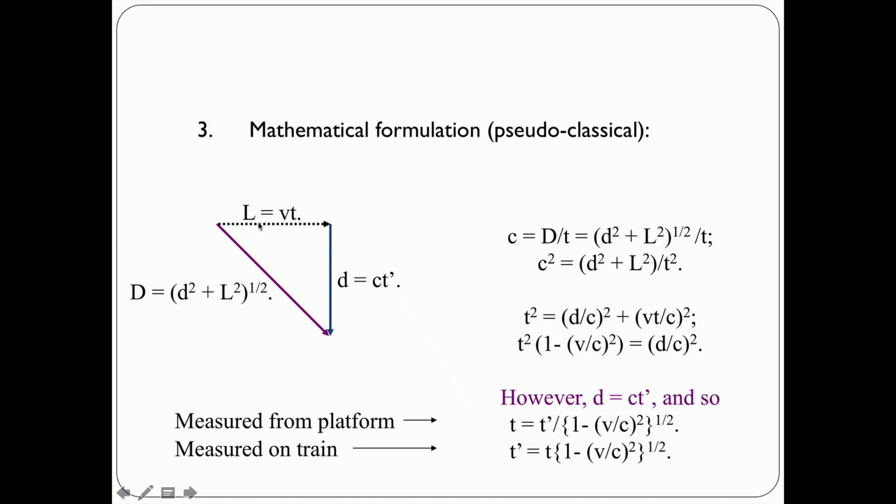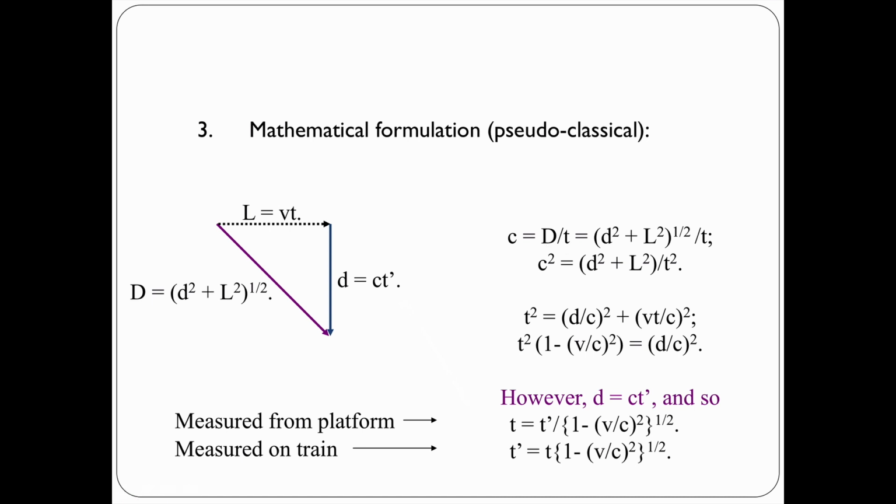We know this distance is L, which is the speed of the train, v, times t, because you're measuring it from the platform. And this is just the hypotenuse of a right triangle. So it's the square root of d squared plus L squared. We'll call that capital D. But we know that c is equal to capital D divided by t.